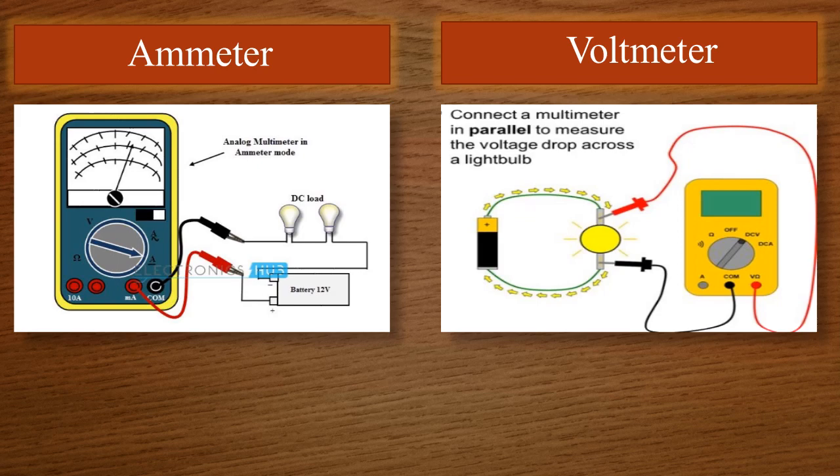So the voltmeter is connected with the two sides of a battery.